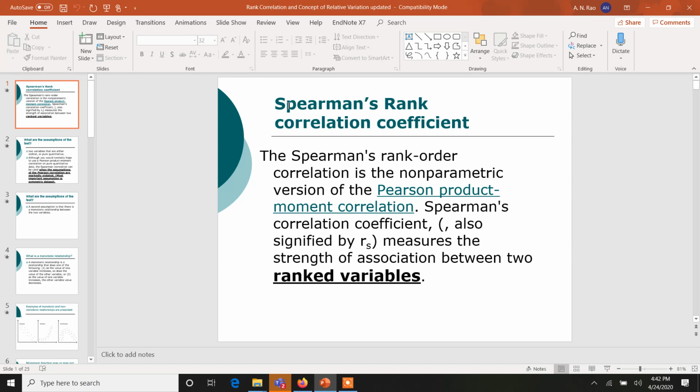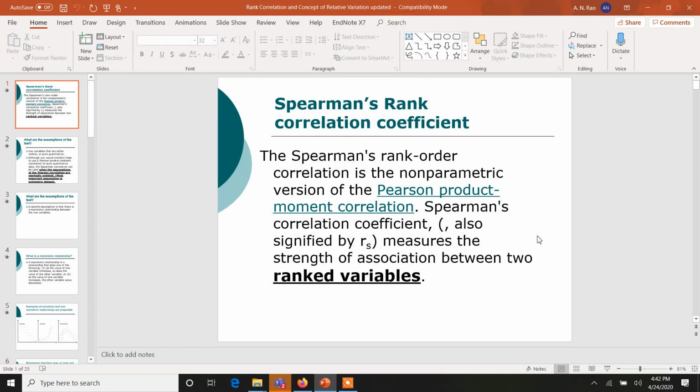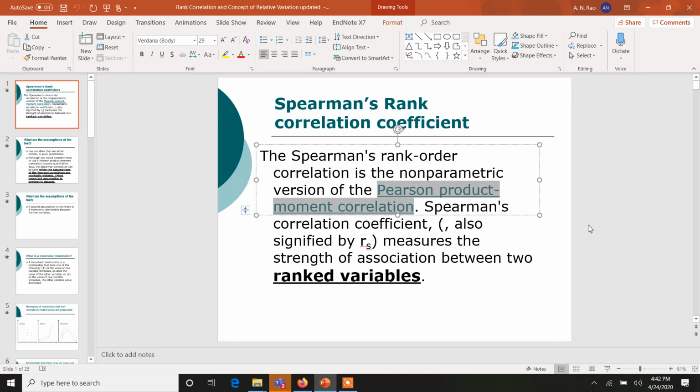Okay, so this specific form of correlation coefficient is called Spearman rank correlation coefficient, and this is actually an alternative form of the Pearson correlation coefficient that we did in the last lecture. So Pearson correlation coefficient, if you go and see the formula, is based on moments, or in simple terms, it is based on sample arithmetic mean and sample standard deviation.